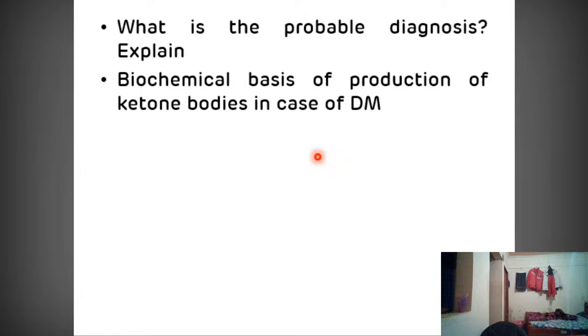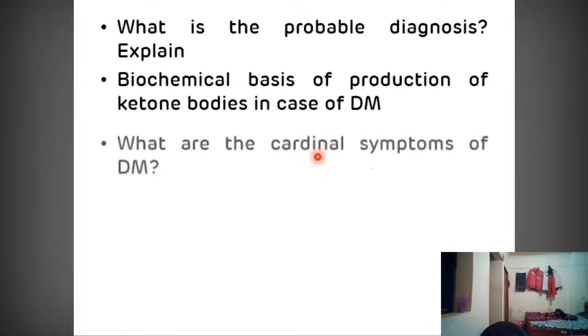So this acetyl CoA will channel towards ketone body synthesis. Acetyl CoA is the substrate for ketone body synthesis. So it will lead to more synthesis of ketone bodies. Generally, there are three ketone bodies. One is acetone, second is acetoacetate, and the third is beta hydroxybutyrate. So that is the explanation why there is synthesis of ketone bodies in the case of diabetes mellitus.